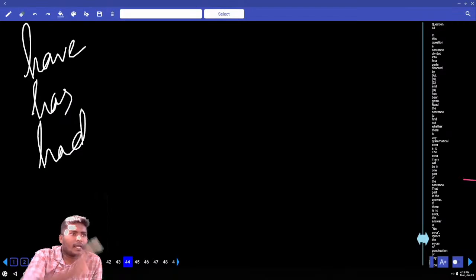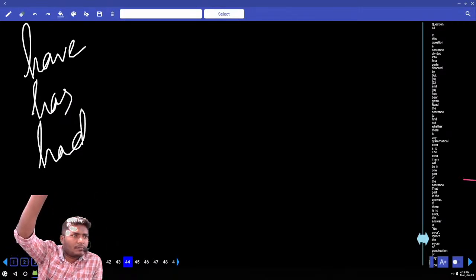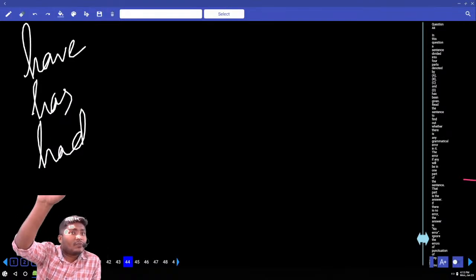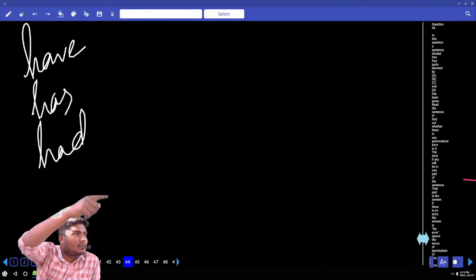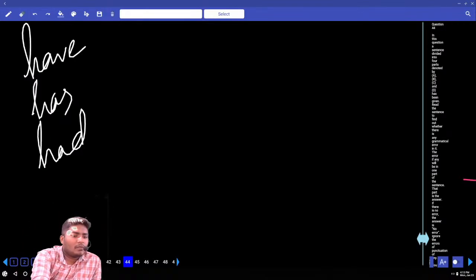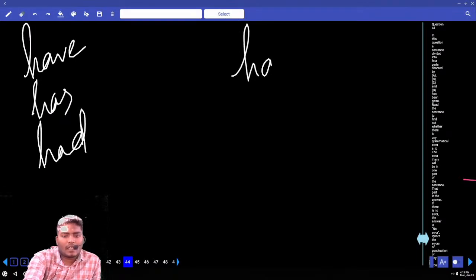Yeah, helping verbs. How many of you say helping verbs? No confidence? Verb. Which verb? I'm speaking about the type of verb. These three are modal verbs. Okay. If they are modal verbs, what are these three?